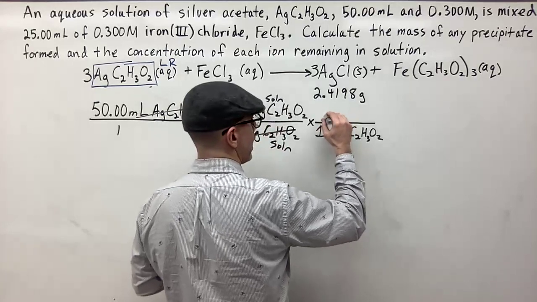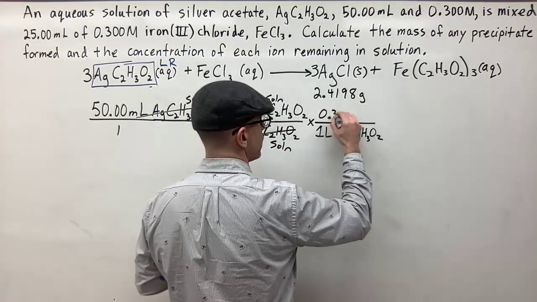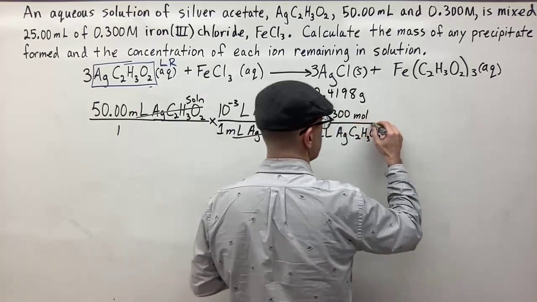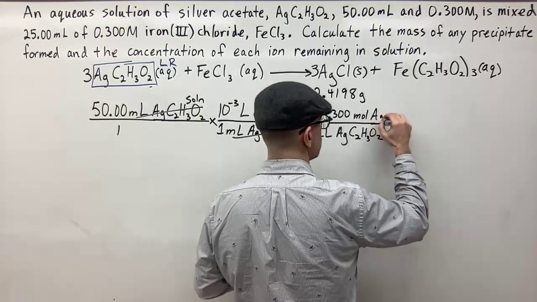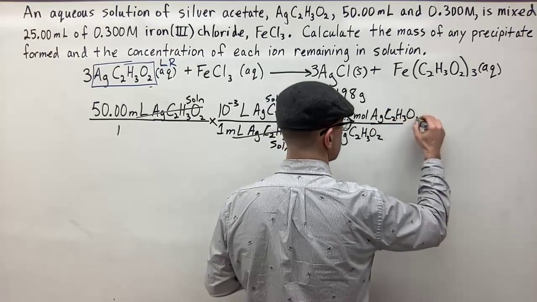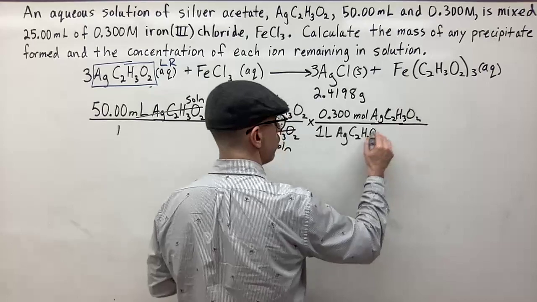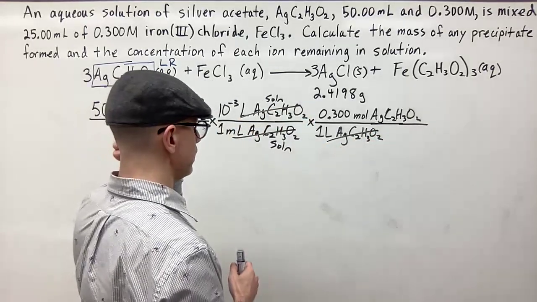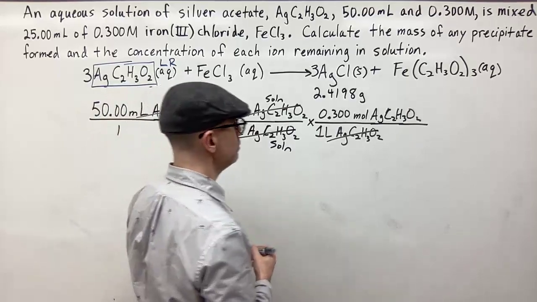And then we're going to have 0.300 moles of the silver acetate solute. So liters are going to cancel out, and now all we need to do is calculate the moles.